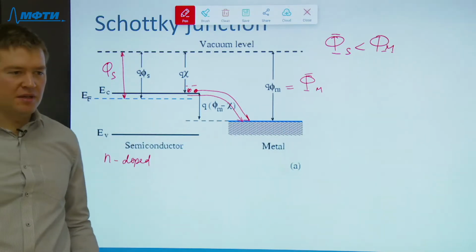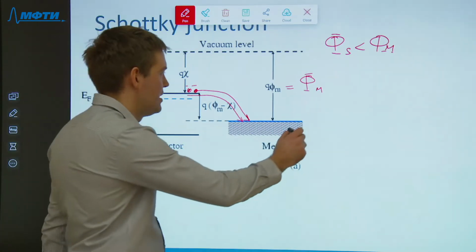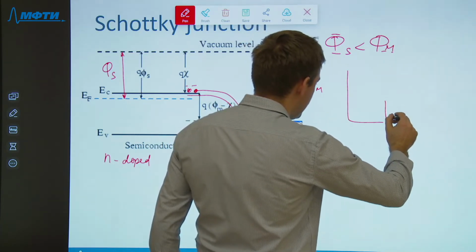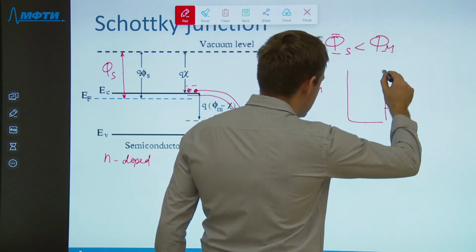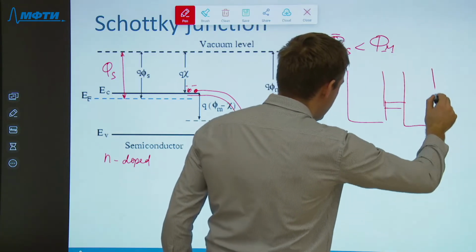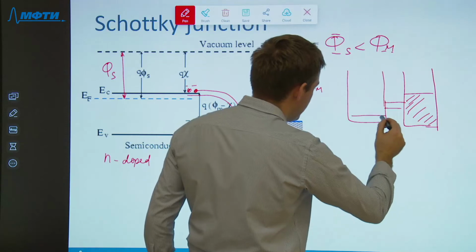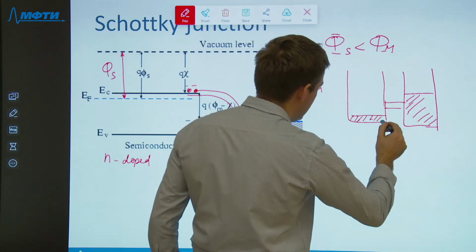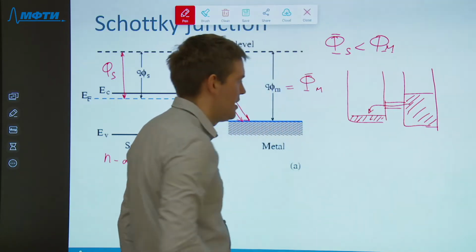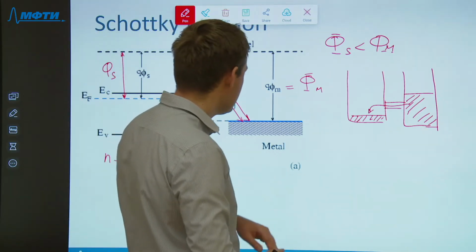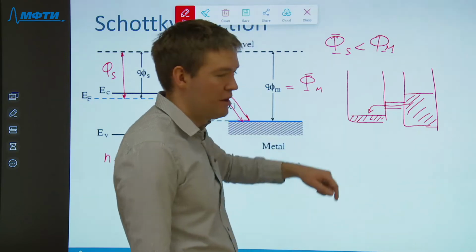This is equivalent to water in connected bulbs. If there are two bulbs connected by a pipe and there is a higher level of water in one of them compared to a small level of water in another one, then there will be a water flow from the higher level to the lower level.